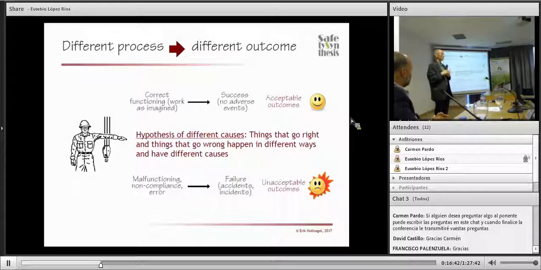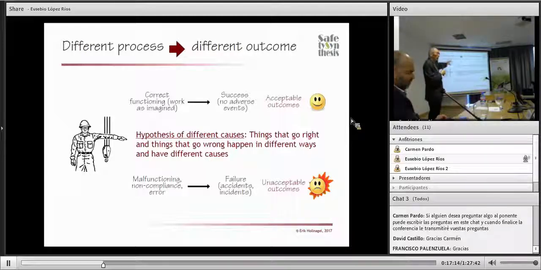And then there are unacceptable outcomes, when something happens that we did not want or did not plan or did not expect. But what we do when we look at safety is that we look at the unacceptable outcomes. And we say, why does this happen? And we look at the unacceptable outcomes and we say, well, if something went wrong, it was because something else went wrong. And we need to understand that, we need to explain that, we need to work on that.